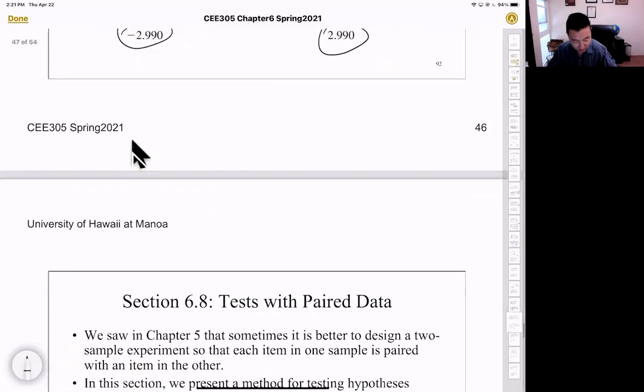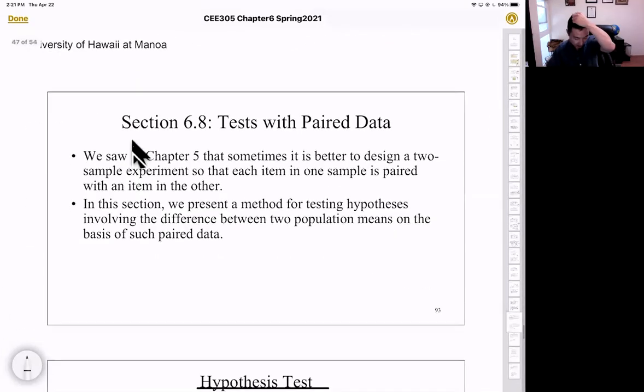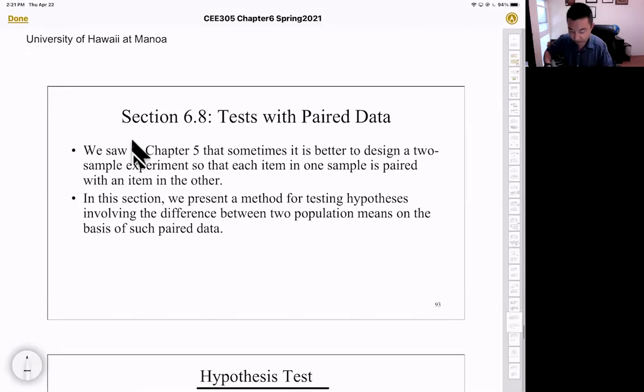If there's no questions, let's continue for section 6.8, which is for pair data. We also did that for pair data for confidence interval. So that's the last situation for hypothesis test. For pair data, for each item, we can measure 2 things.